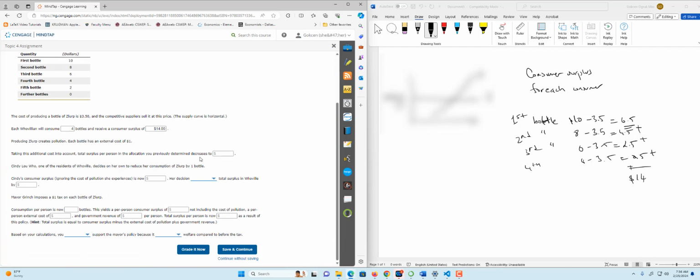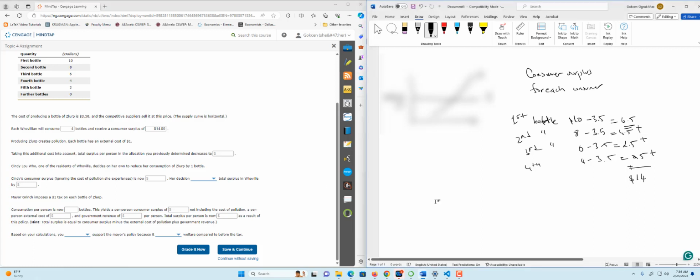Next question: producing Z-Lerp creates pollution. Each bottle has an external cost of $1. Taking this additional cost into account, total surplus per person in the allocation you previously determined decreases to what? So here we know that each bottle has $1 of external cost, times 4 bottles, so $4 of external cost for each consumer.